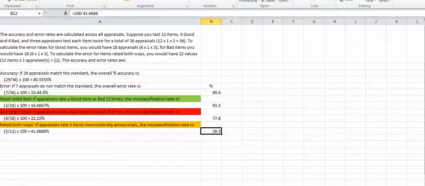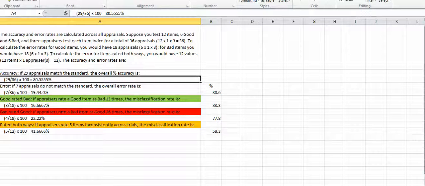Again, I'm just posting here the results of the accuracy, 29 out of 36 agreements. So we're 80.5% in agreement here, and this does not include the standard. This includes only looking at repeatability, and we're not interested in how the trials compare to the standard.